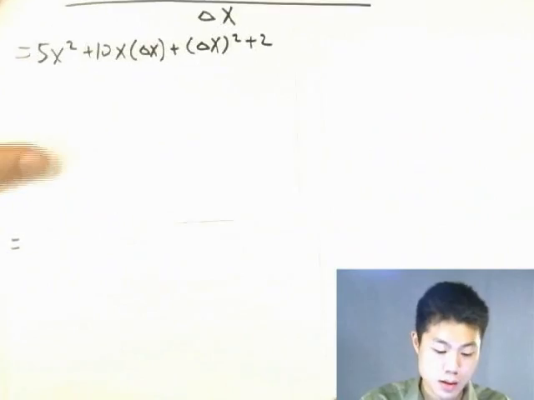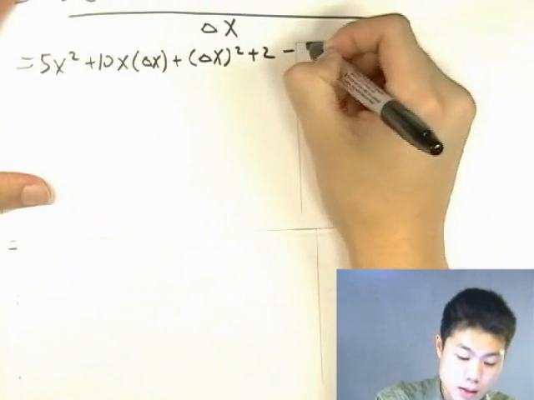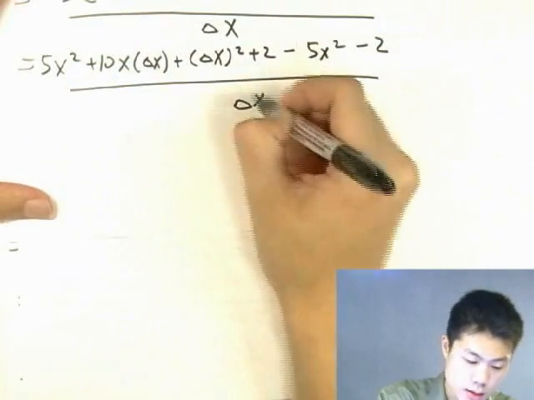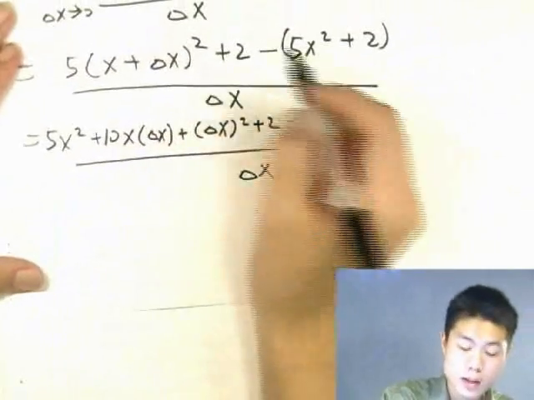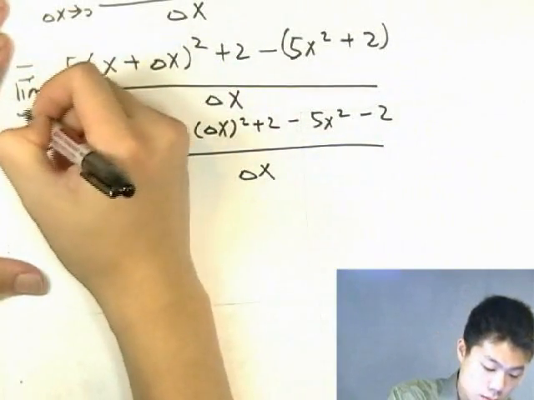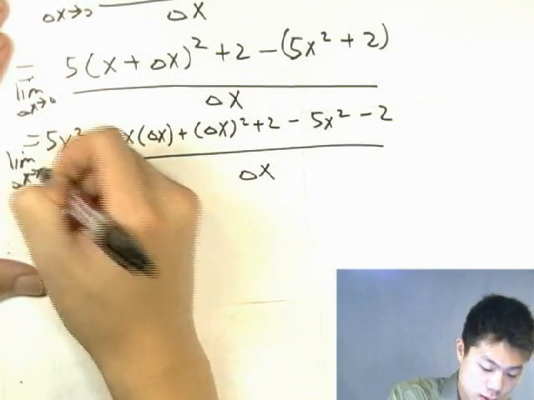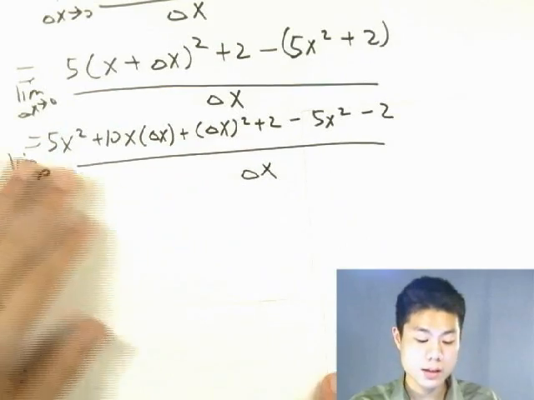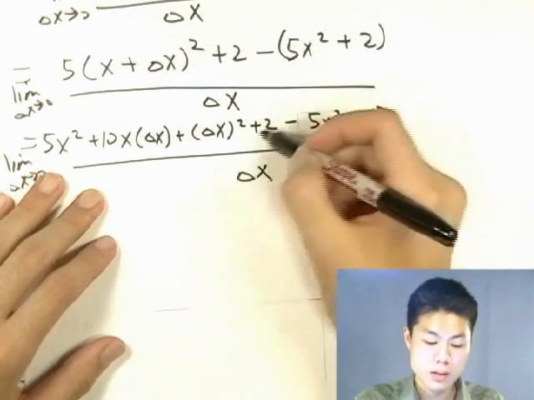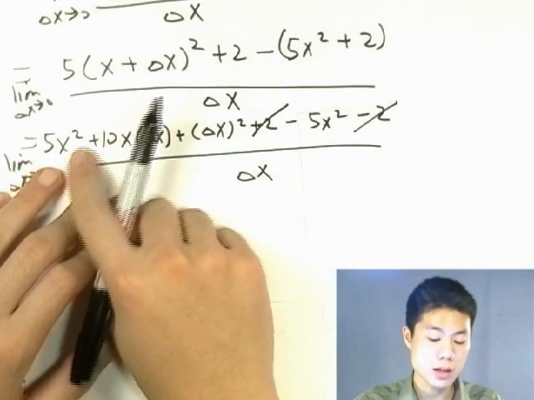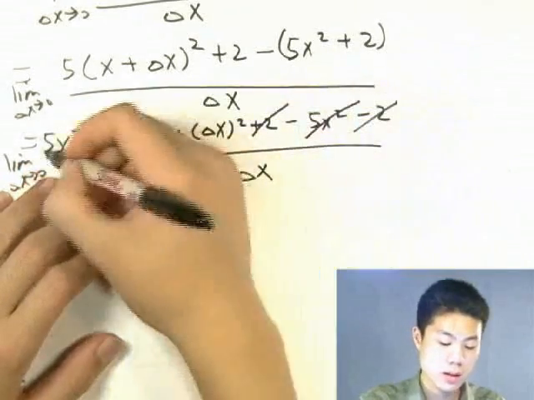Minus 5x squared minus 2 all over delta x. Sorry, I forgot to write the limit here. Make sure that you keep writing the notation in. So what cancels out? Plus 2 minus 2, and 5 times x squared minus 5 times x squared.